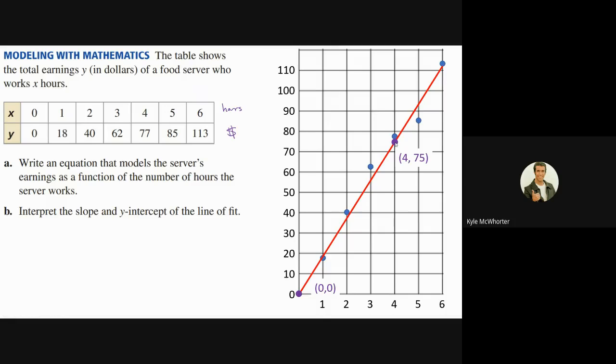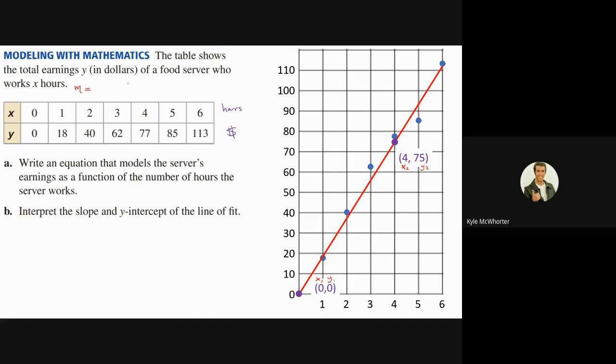Okay, so now let me change ink colors here. I'll call that 0, 0, that'll be my x1 and y1. And then 4, 75, that'll be my x2 and y2.